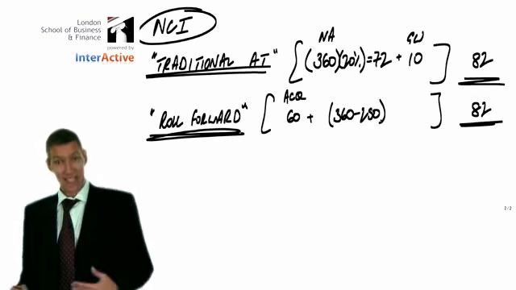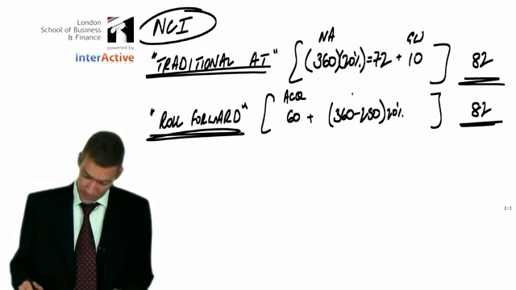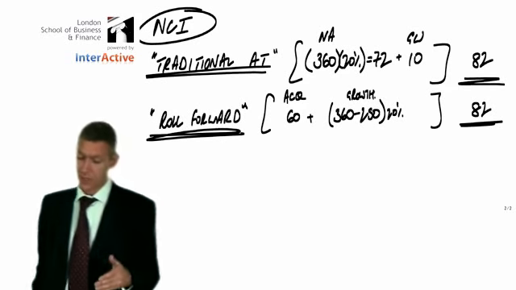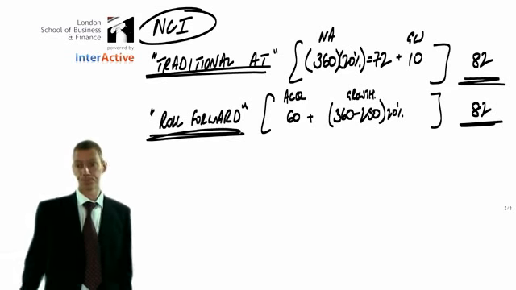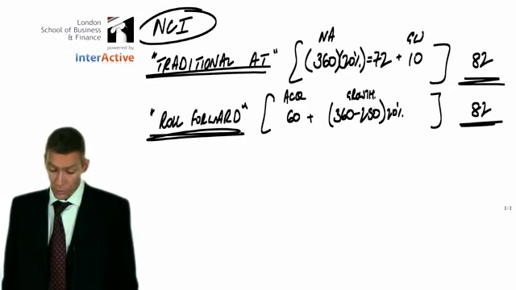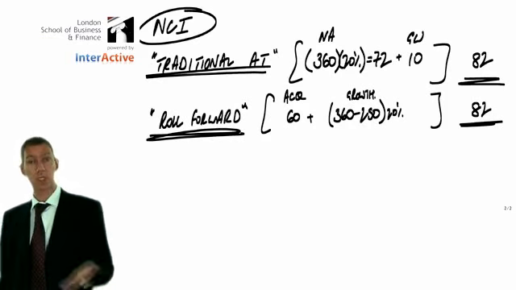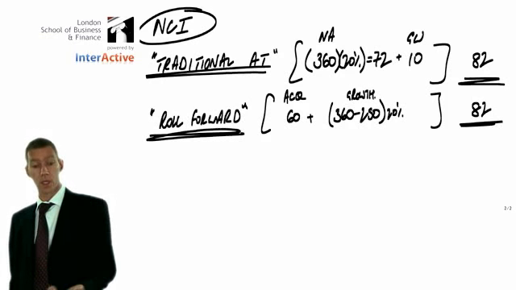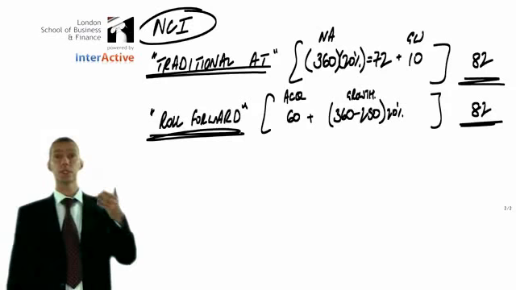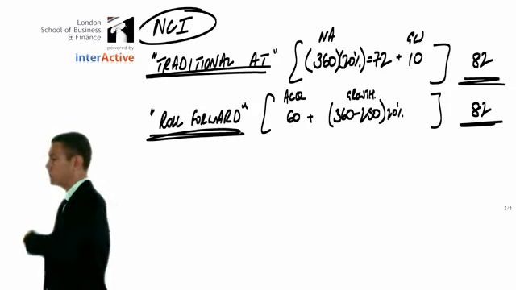Now the ownership of the NCI of that is 20%. And you can see it gives the same figure. 20% of the growth of 110 gives us 22. 22 onto the 60 gives us 82, right?